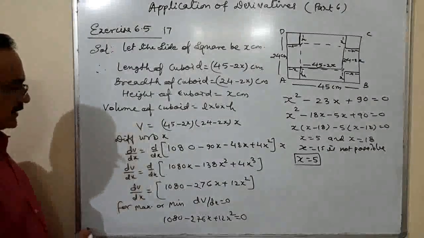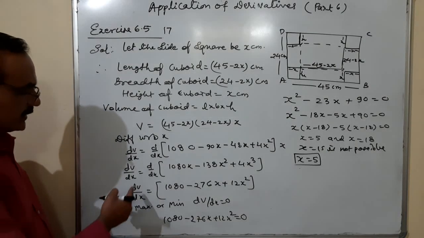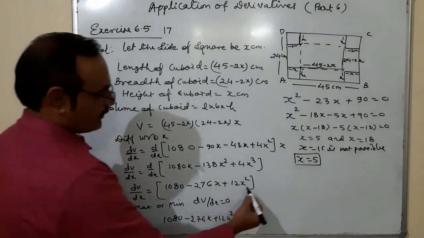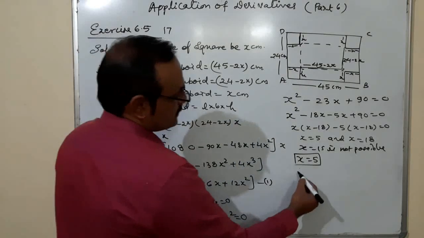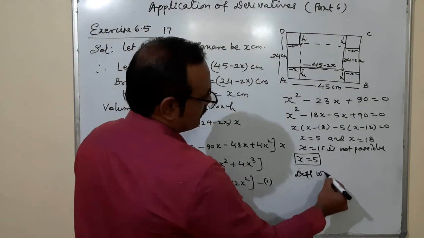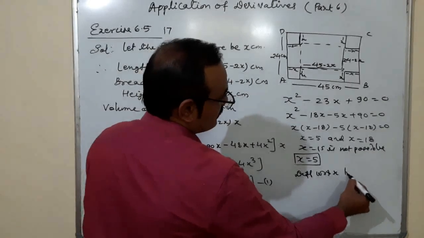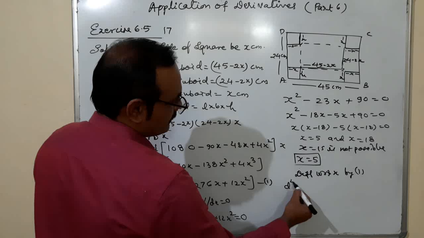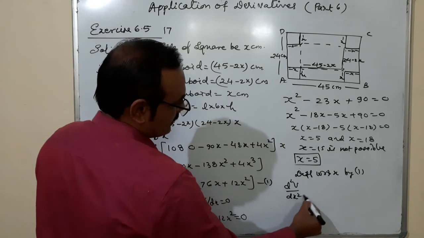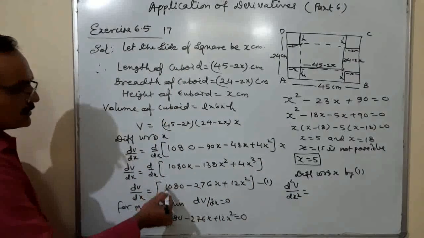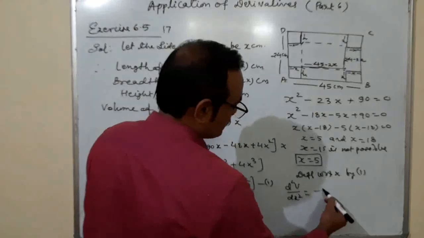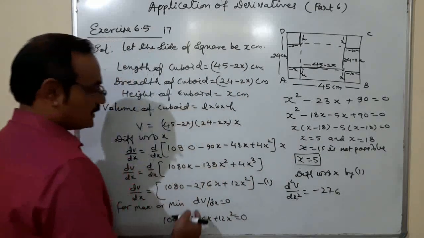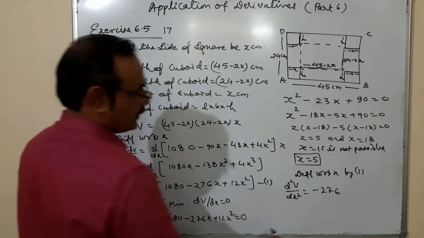So again we differentiate this term. Which term should be differentiated? This term. Differentiate with respect to x by 1. So when we differentiate this term, d square v by dx square is equal to, this term is 0, it is minus 276 and it is coming plus 24x.